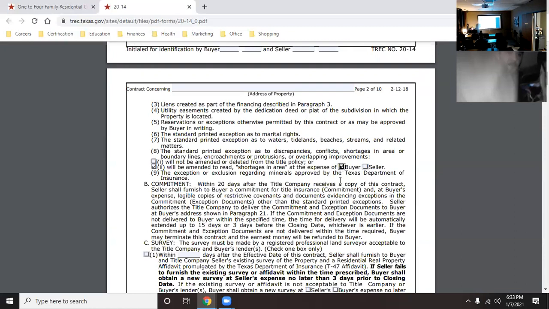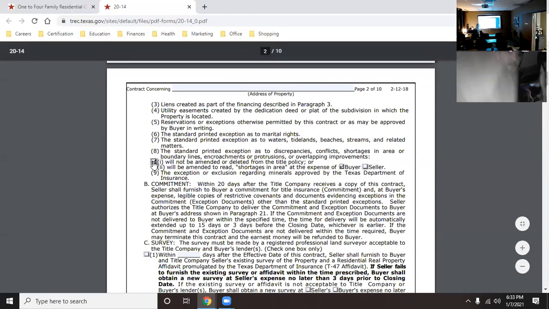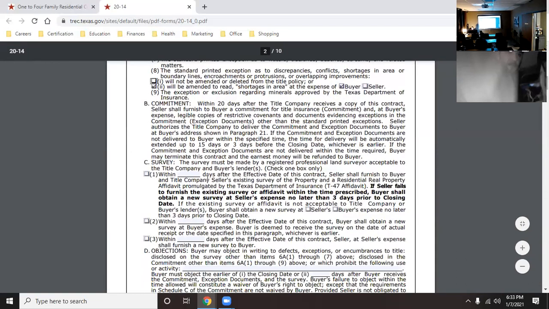And this is an expense to the buyer because it's amending the standards that are going to be printed based upon discrepancies, conflict, shortages of area. It's basically making things easier for everybody. But if it's in a subdivision, and the subdivision has been around for a long time, you can just check box 1. Okay? But again, this is normally how I fill mine out.